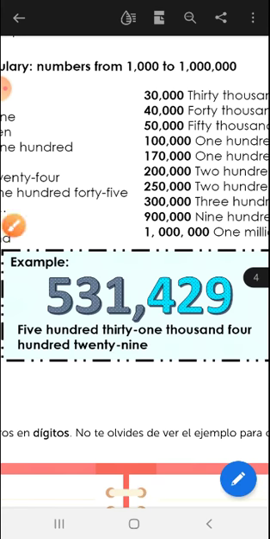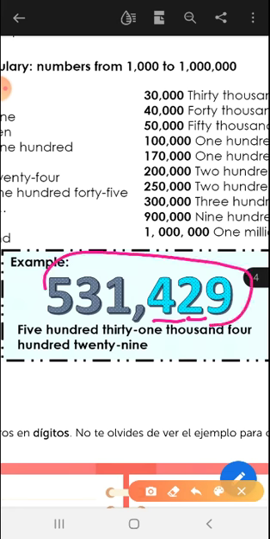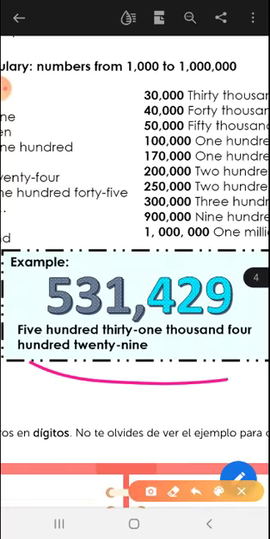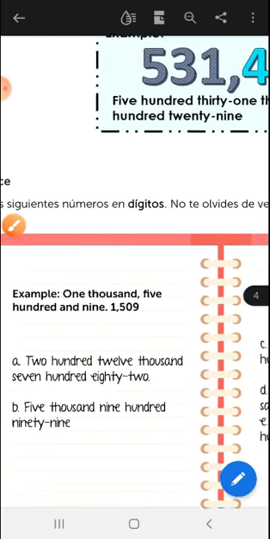The comma indicates 1,000. Yes? 429. Okay? So, in a row, 531,429. Here is the written form of the number.